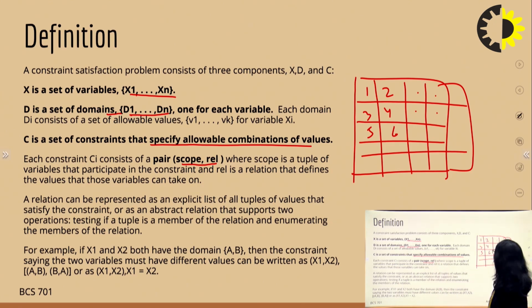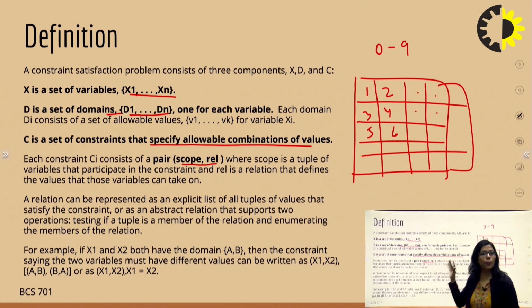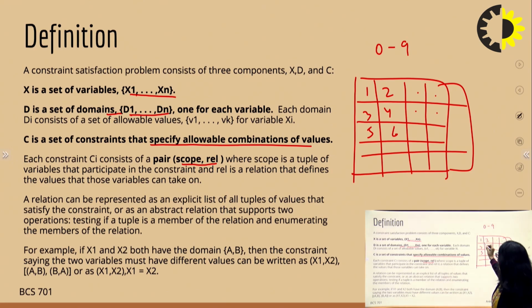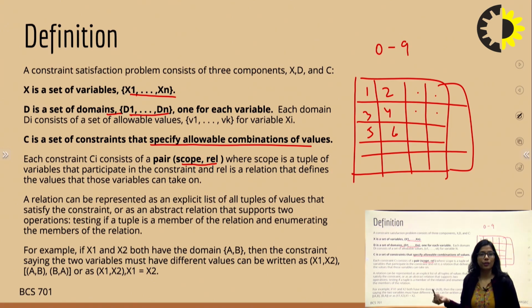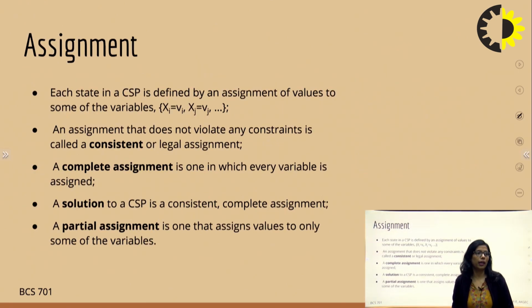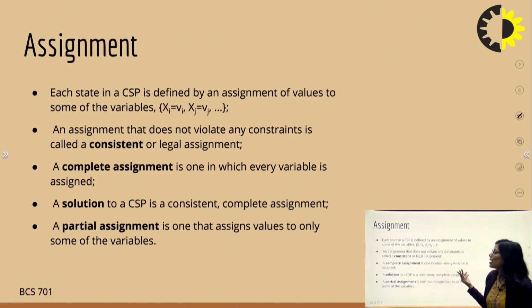The domain will be any digit between 0 and 9 that I can put on these blank spaces, whereas my constraint could be that in a row I cannot put values beyond 5. So this is a constraint that we need to take care of when we are assigning the values. How should we assign the values?